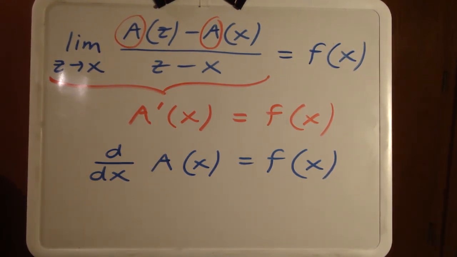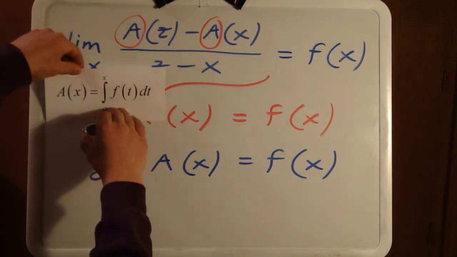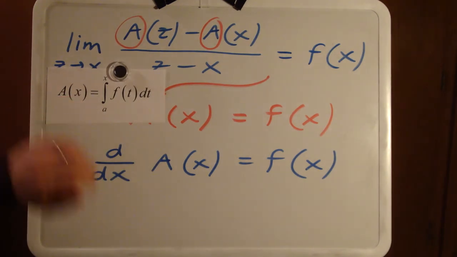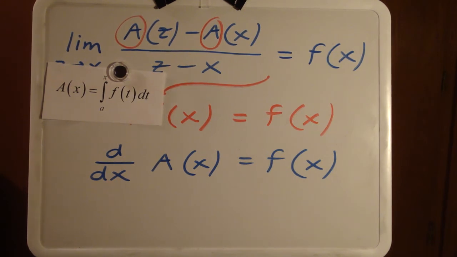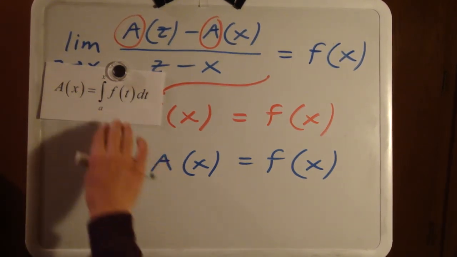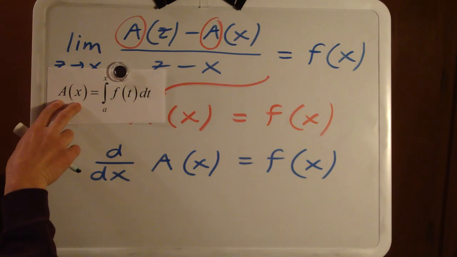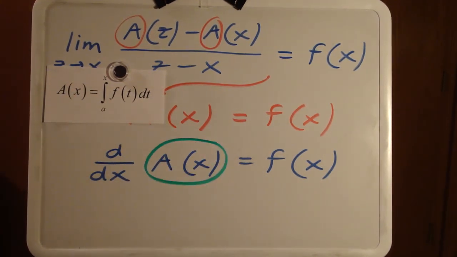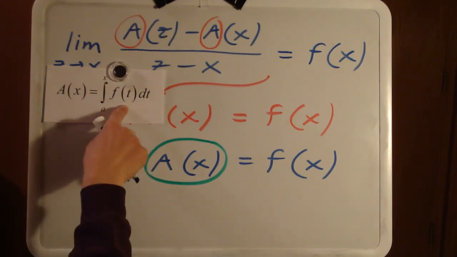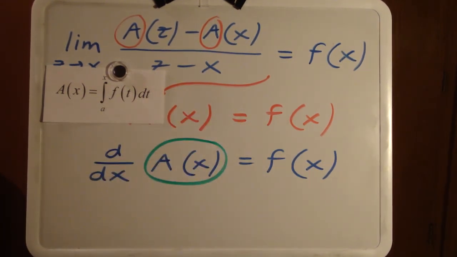So we can go back to what we had before. If you remember this result, this is how we defined the area function: A of x is equal to this integral. Typically the way you will see this written in books is not expressed this way. Instead of writing down A of x, we write down the integral notation right here. So it's going to look like the derivative of this integral is equal to f of x.